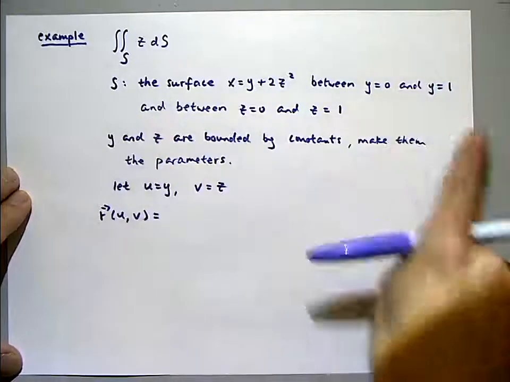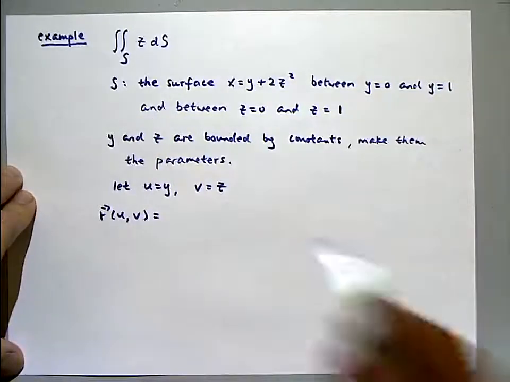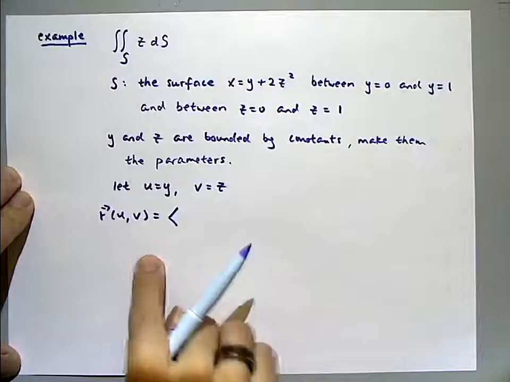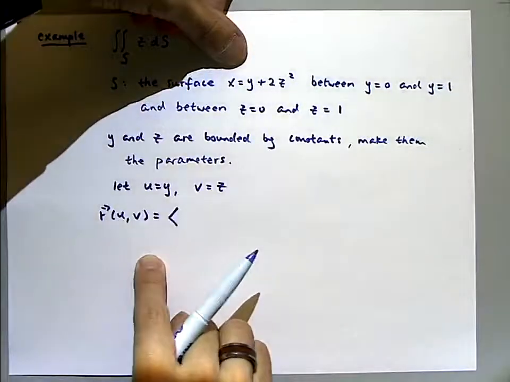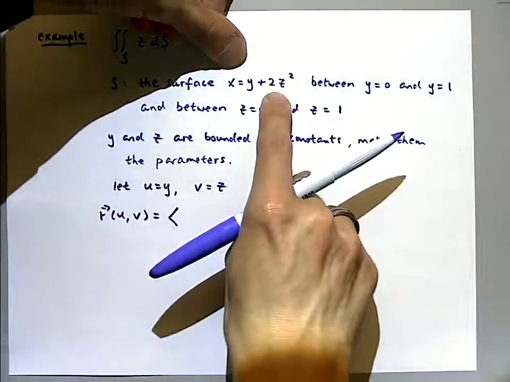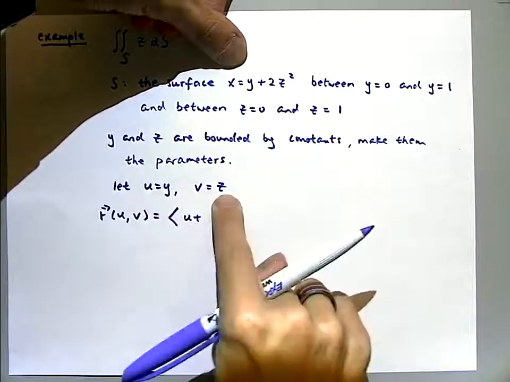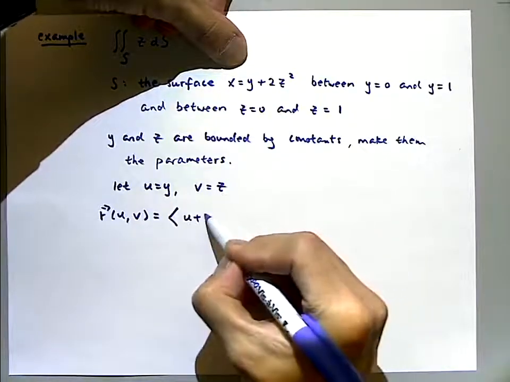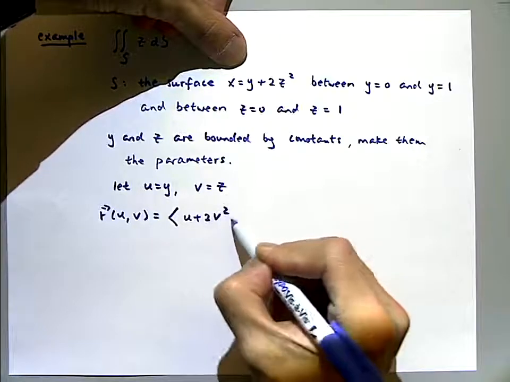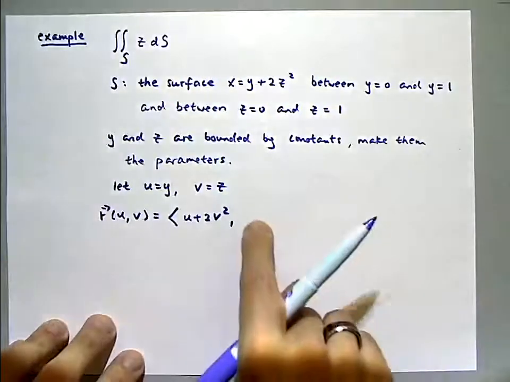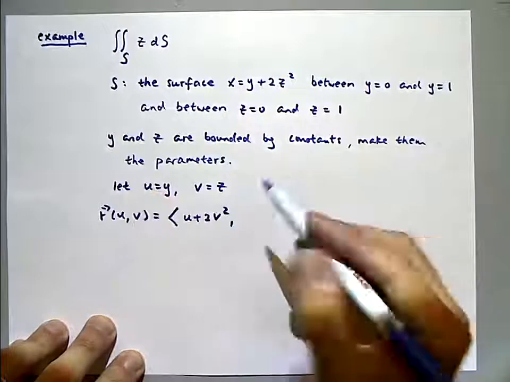This surface becomes: the x component is y plus 2z squared, y is u, z is v, so the x component is u plus 2v squared. The y component is u.